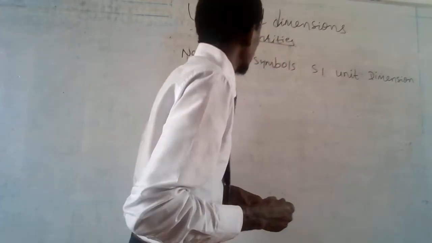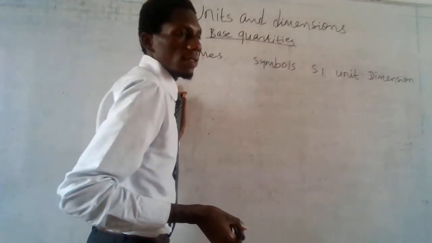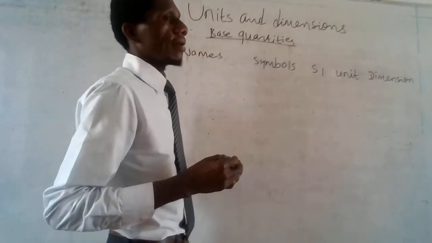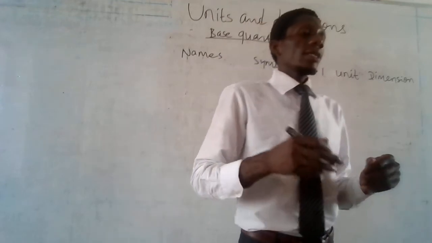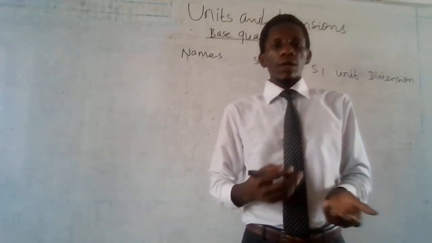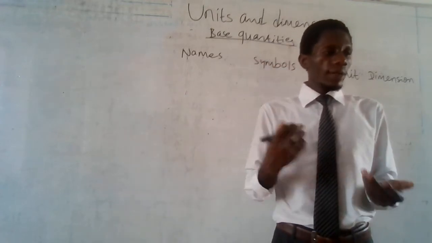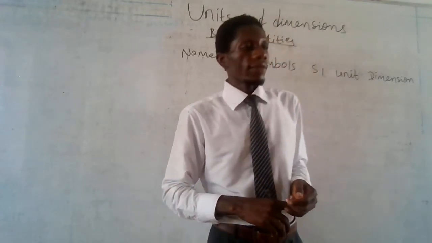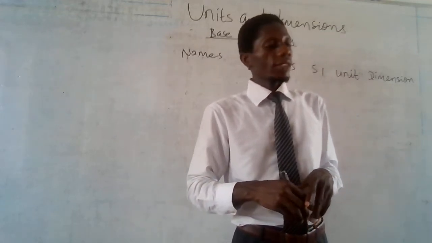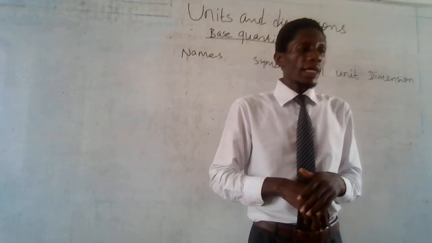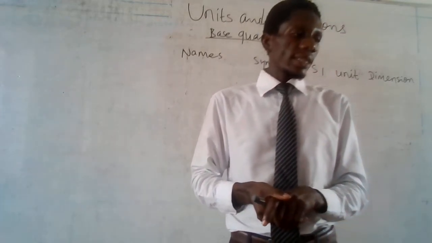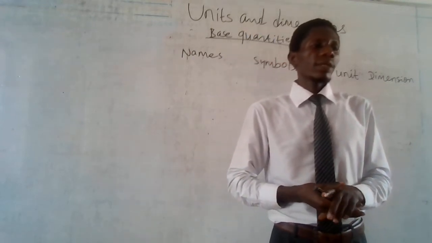Okay, so let's say we have time. Time is also a base quantity, and we also have length, which is also a base quantity. We have thermodynamic temperature, mass, amount of substance, electric current, luminous intensity, plane angle, solid angle.